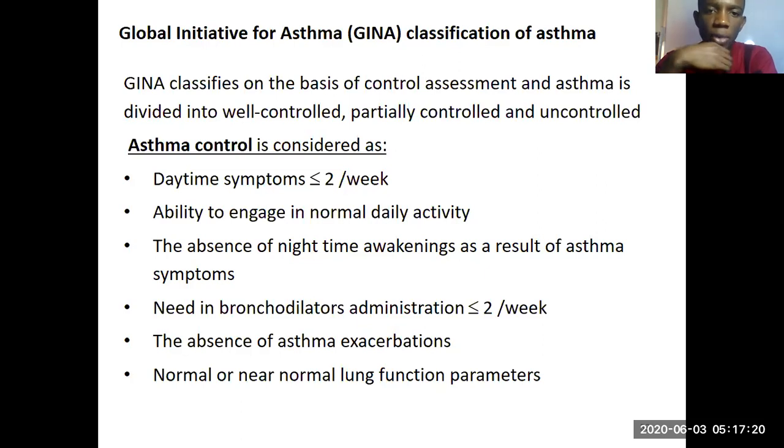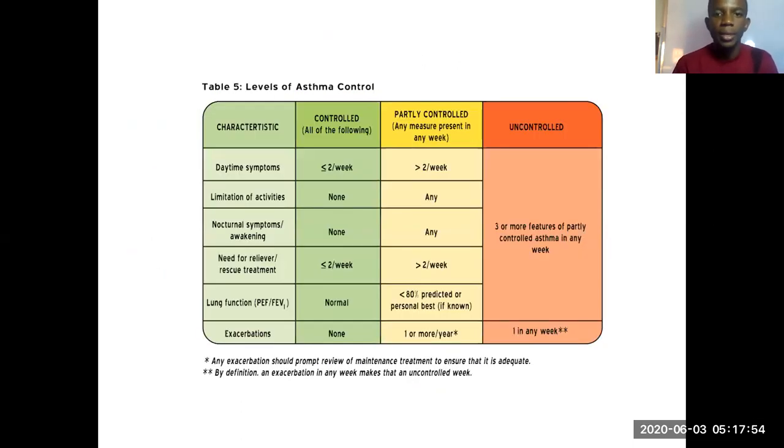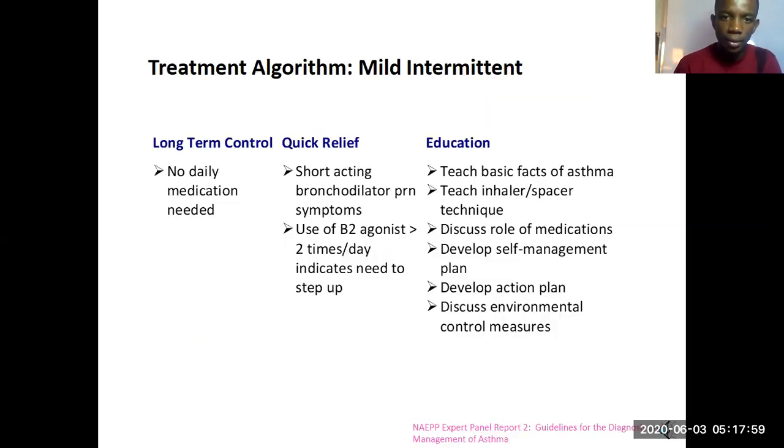Asthma control is considered as daytime symptoms less than or equal to 2 times a week, ability to engage in normal daily activities, absence of nighttime awakenings as a result of asthma symptoms, need of bronchodilators less than twice a week, absence of asthma exacerbation, and normal or near normal lung function parameters. Again, take time to go through the table to understand the classification of this asthma.